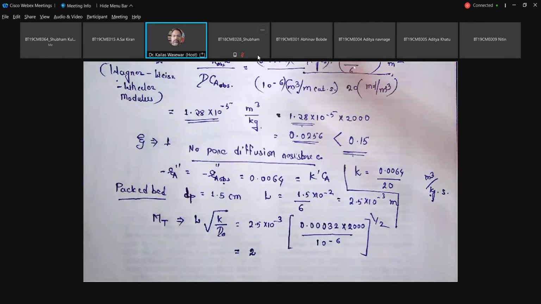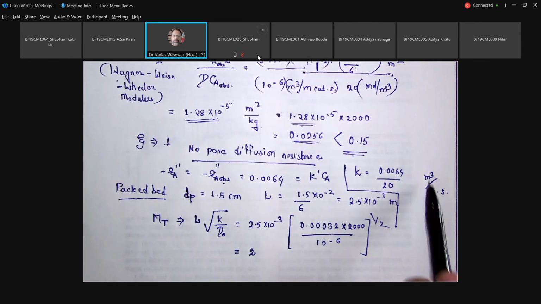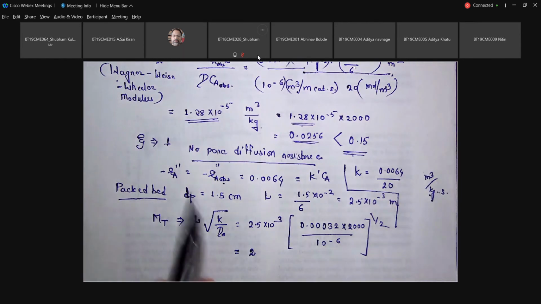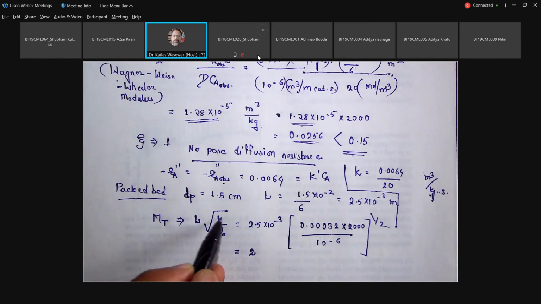So when you multiply with this one, it will be per unit time. Here D is meter square per unit time. So when it will be in the square root, it will be per unit length. That means per meter. Length again has the unit meter. So it will become dimensionless because this value will always be dimensionless. Thank you, sir.